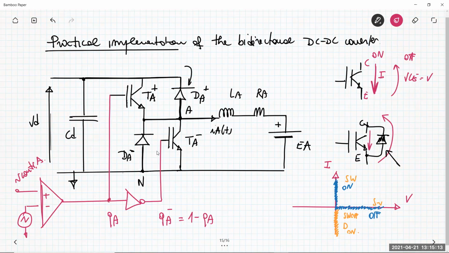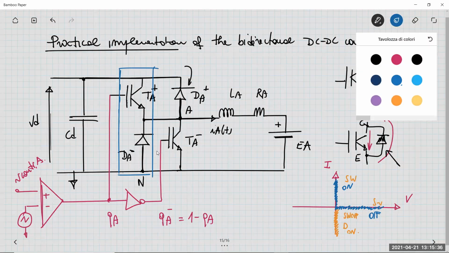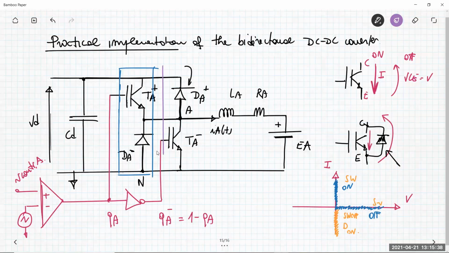So the two switches are never on simultaneously. This is important. And I put the transistor and diode in this way because I want to highlight the behavior of these two components in my next explanation.